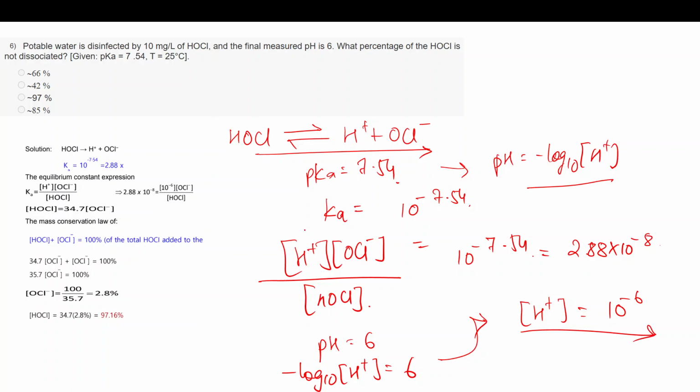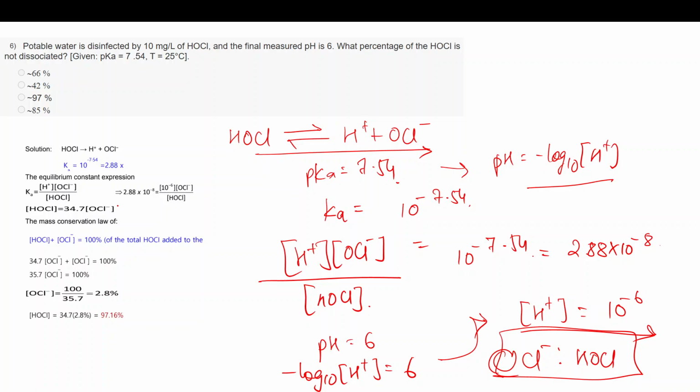If you put in that value, you will get the ratio of the concentrations of OCl minus to HOCl. So that ratio gives HOCl equals 34.7 times the concentration of OCl minus, right?